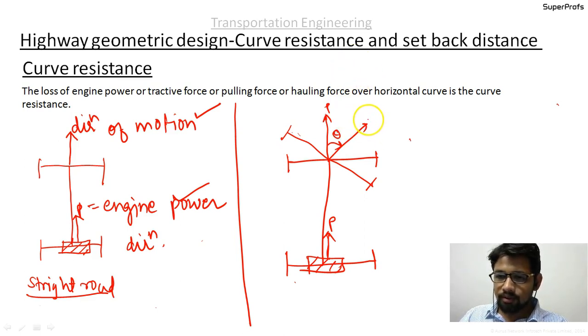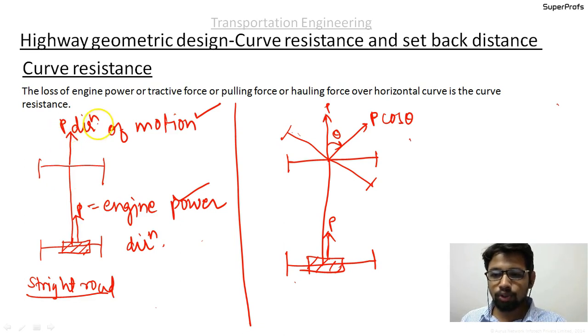In the direction of the motion, the engine power is P cos theta. In the straight case, the engine power generated was P, and the power in the direction of the motion was also P, so whatever power was generated was used up for motion of the vehicle.